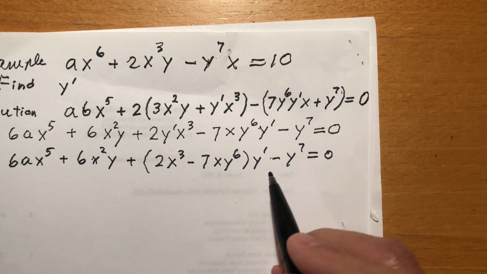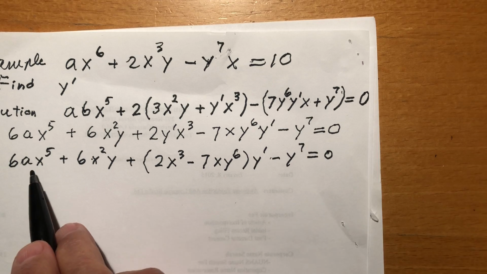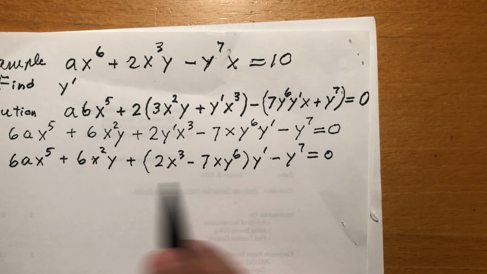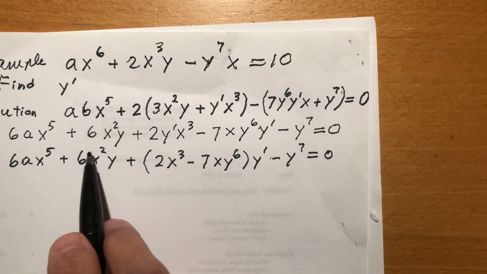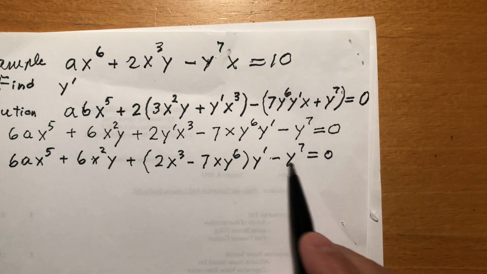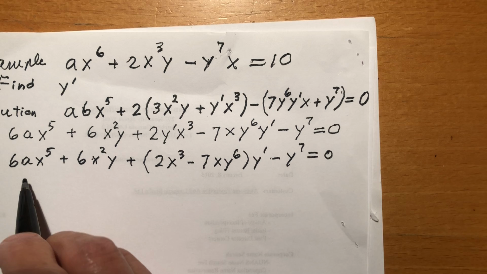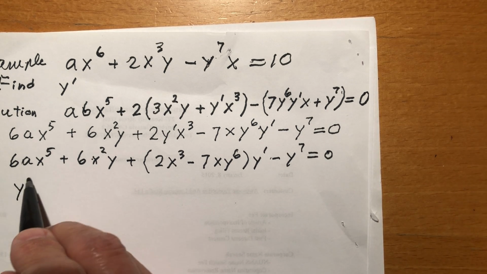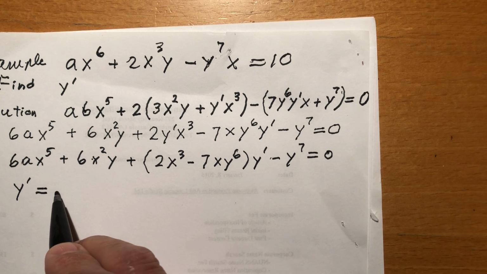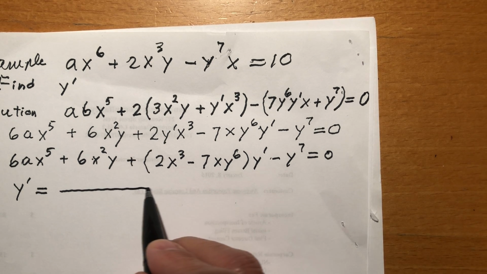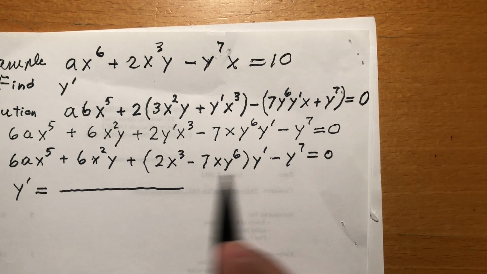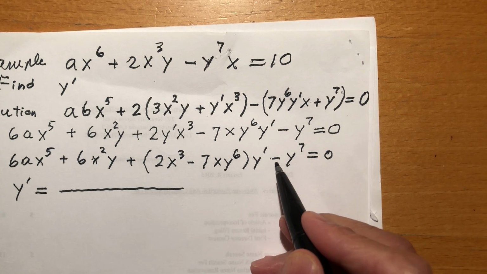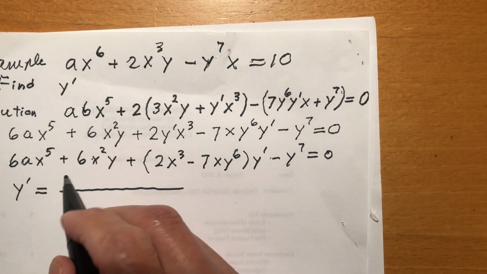And let me move the terms without y prime to the right-hand side. So move this to the right-hand side. And I have y prime equals, on the right-hand side, this becomes plus when I move it to the right-hand side.